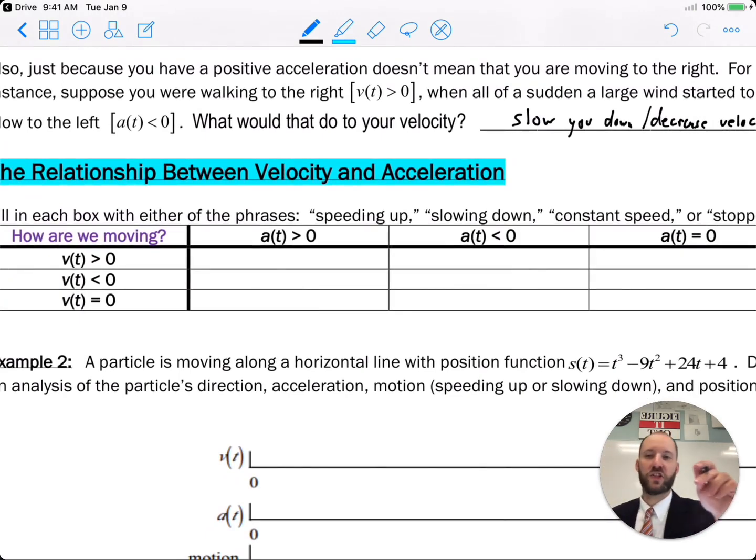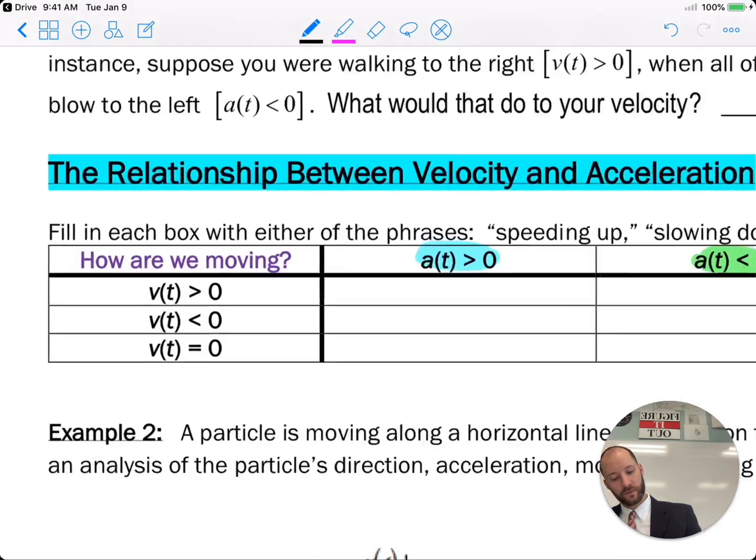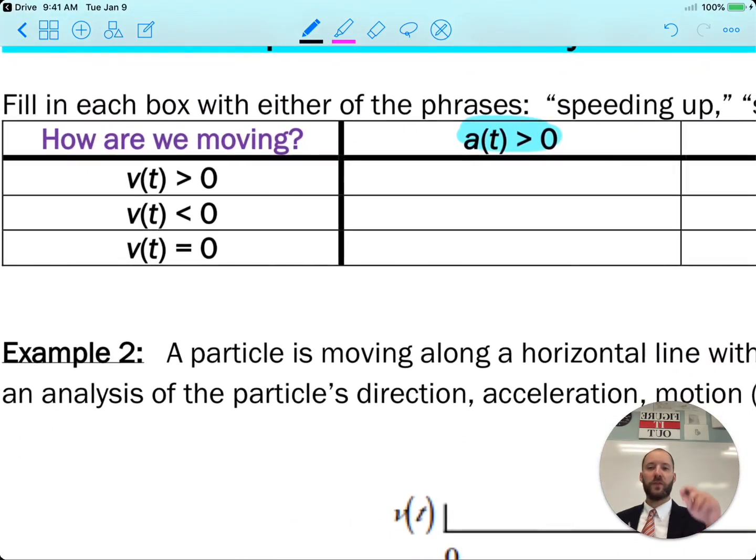So the relationship between velocity and acceleration. How are we moving? The first column, your acceleration is positive. Second column, your acceleration is negative. Third column, your acceleration is 0. So if you're moving to the right, your velocity is positive, and your acceleration is positive.